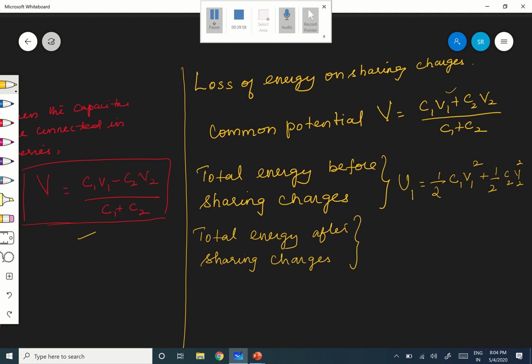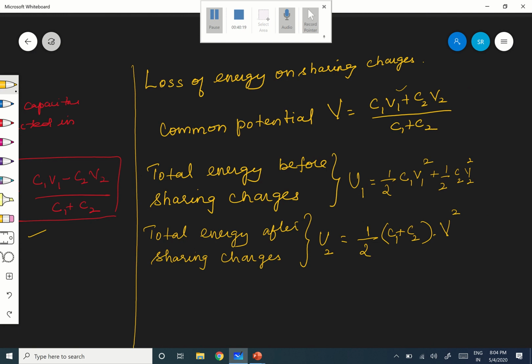Let that be U2. The total energy is half, and when they are connected in parallel, the total capacity is C1 plus C2, into the common potential V squared. Hope you are following this. This is the total energy before sharing and this is after sharing.